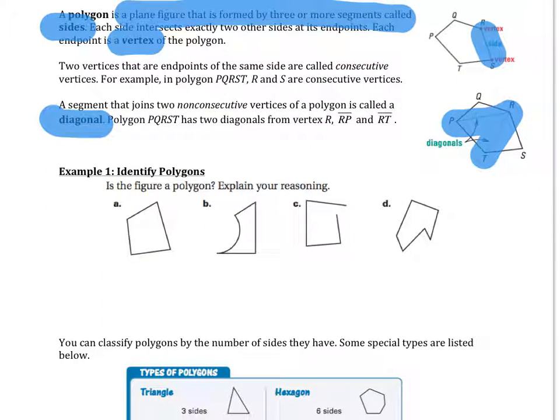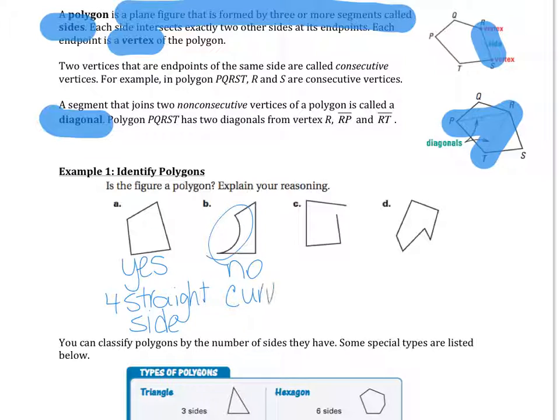So we're going to identify the polygon, if it is a polygon, and explain our reasoning why it is or isn't. So in the first one, it is a polygon because we have 4 straight sides. But in letter B, it would not because of the curve.